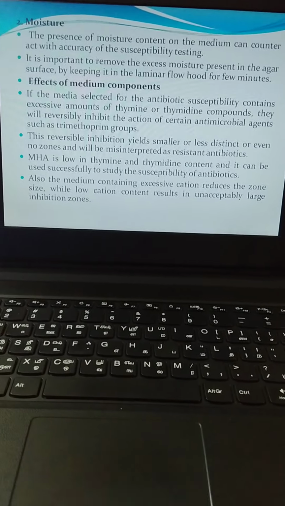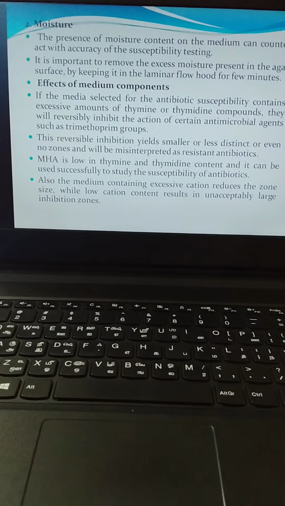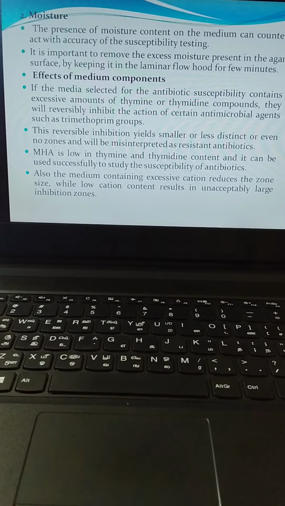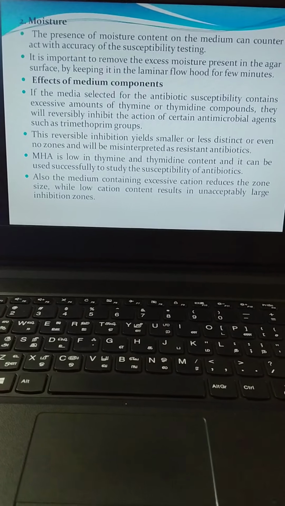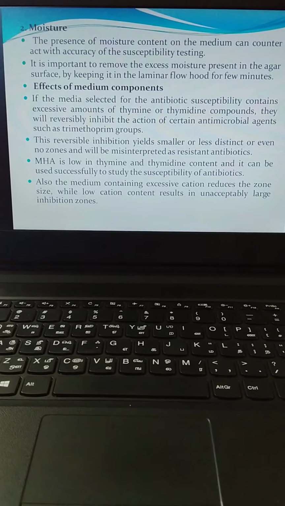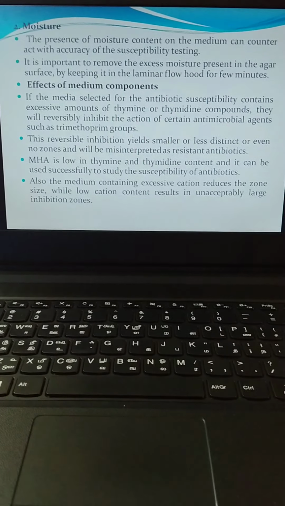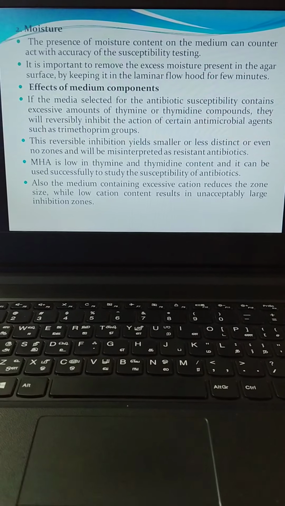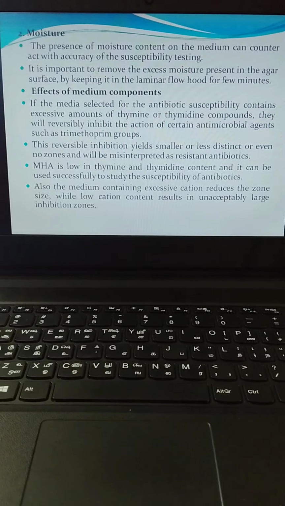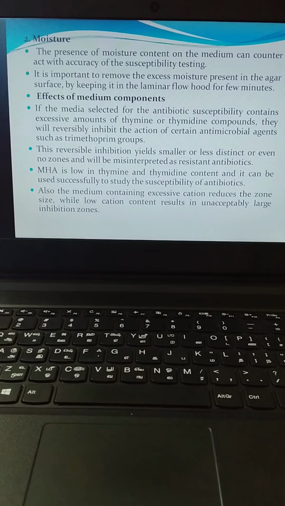The third point to be considered is the effect of the medium components. If the medium we select for this antibiotic susceptibility test contains an excessive amount of thymine or thymidine, it will reversibly inhibit the action of certain antimicrobial agents such as the trimethoprim group.